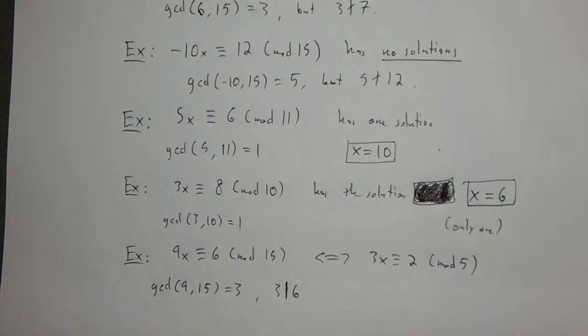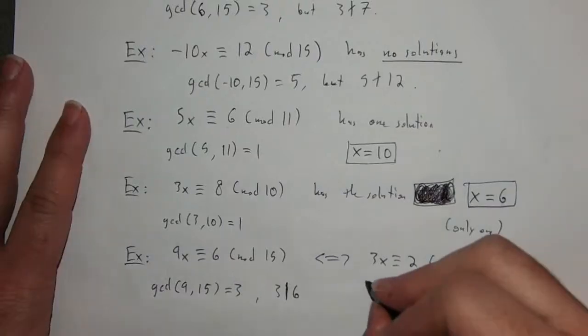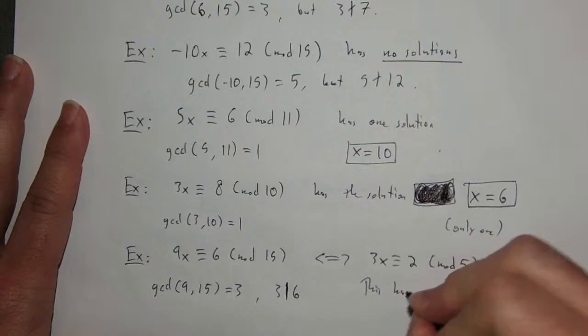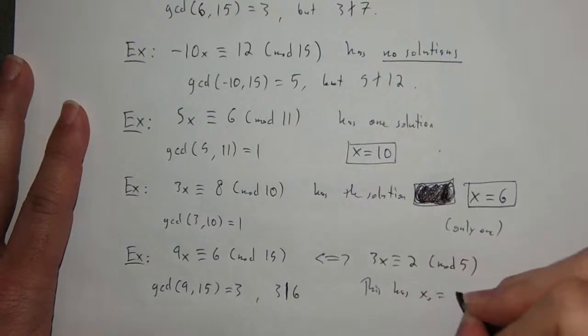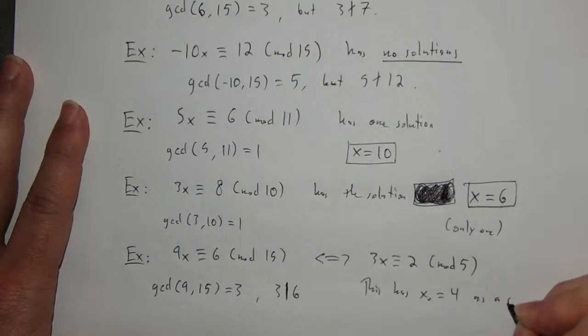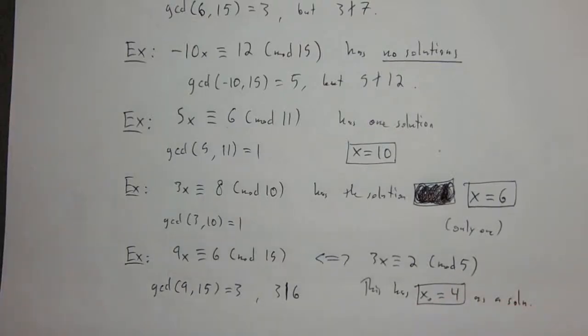Okay. So what is a solution to this? This has x naught equals 4 as a solution. So one solution to this new congruence is x naught equals 4.